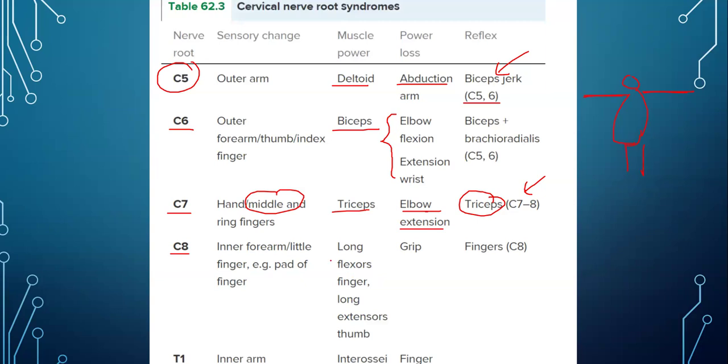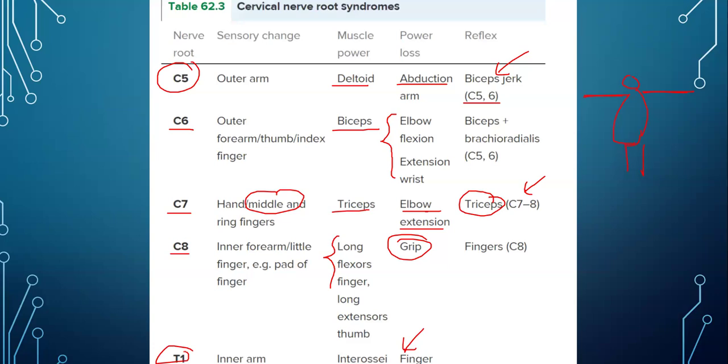C8 mainly moves the flexors of the finger. So finger flexion is done by C8. And if finger flexion is lost, patient will lose the grip movement, right? And abduction of the finger, that means finger spreading, is done by T1.